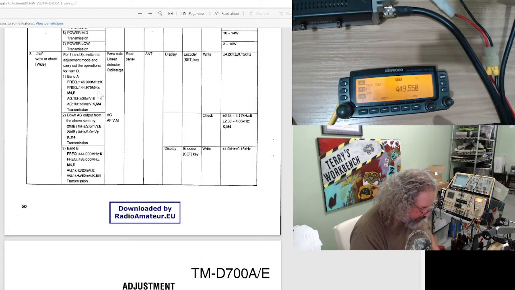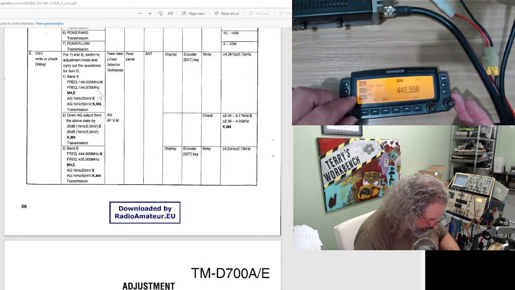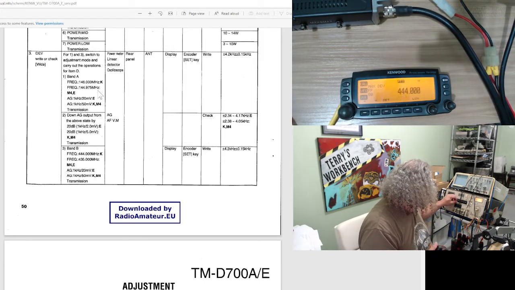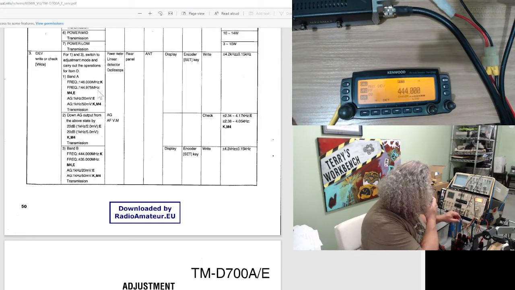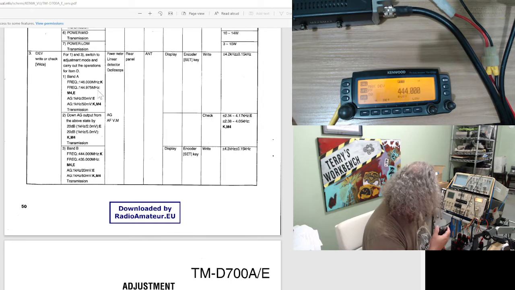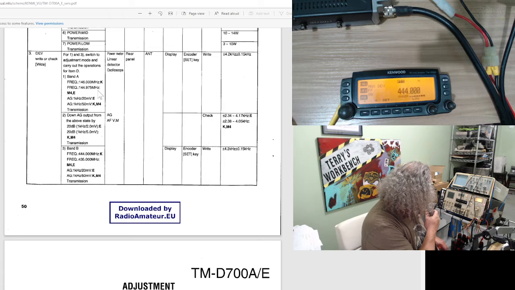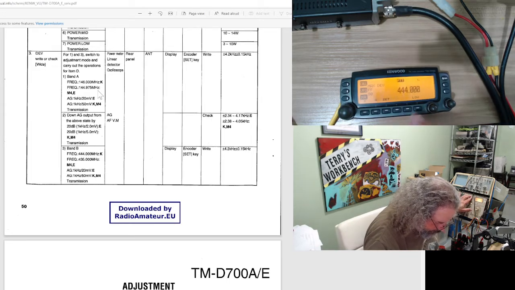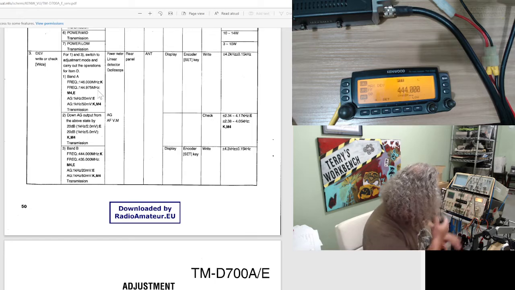All right, so now we're going to be doing... we'll even, let's go with that. 1, 2, 3, 4, 5. There you go.